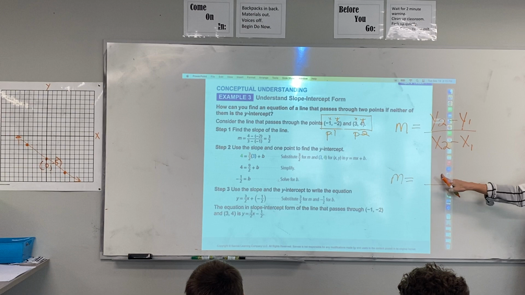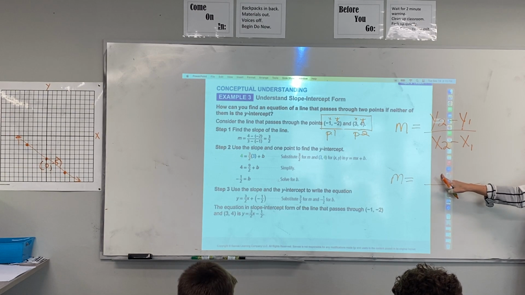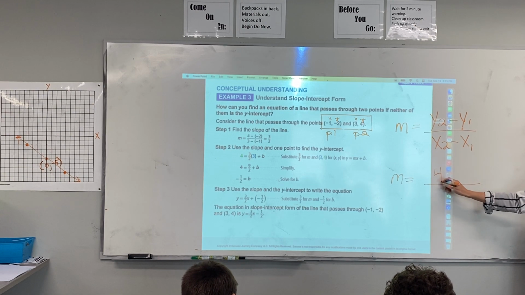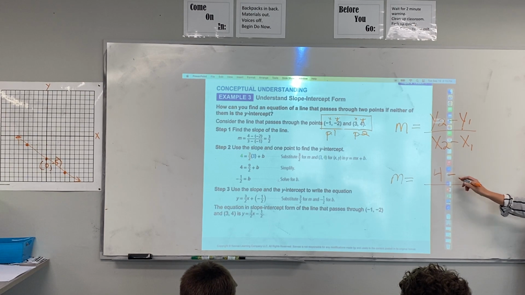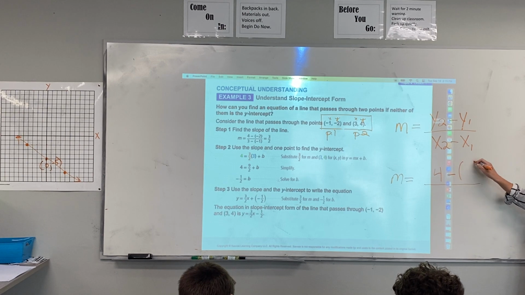So, what's my first value here? 4. 4, very good. Minus -2. What should I use that's very important here? Parentheses. Thank you, parentheses, to protect my negative sign.